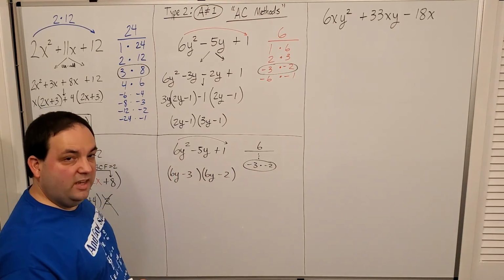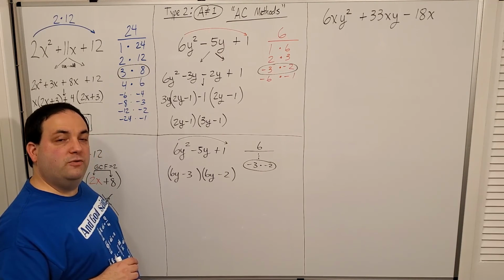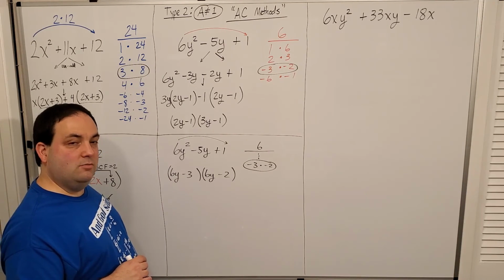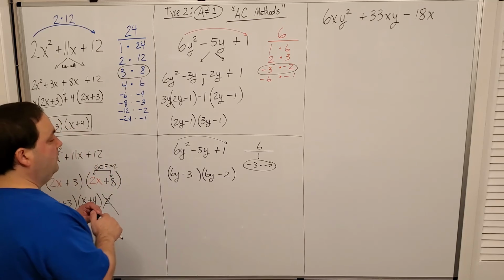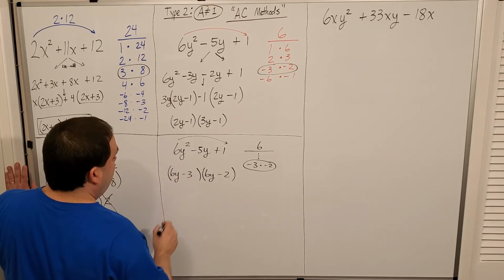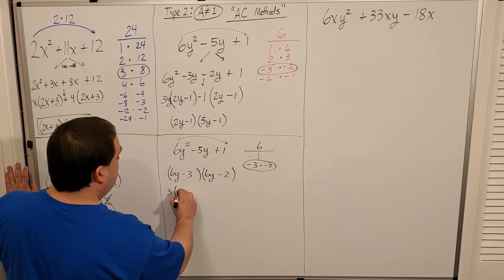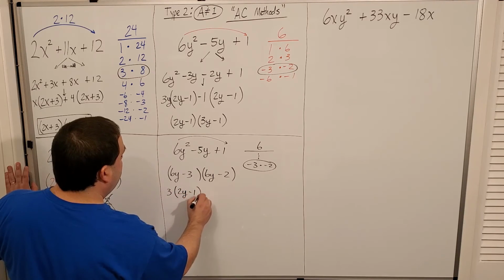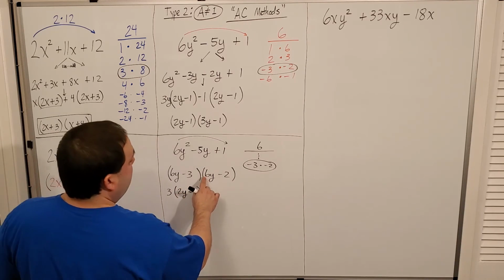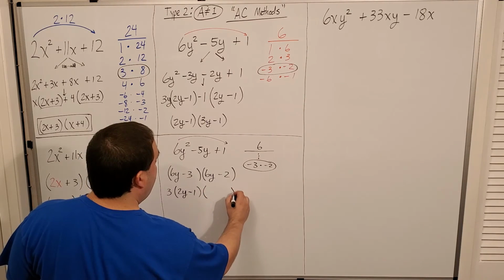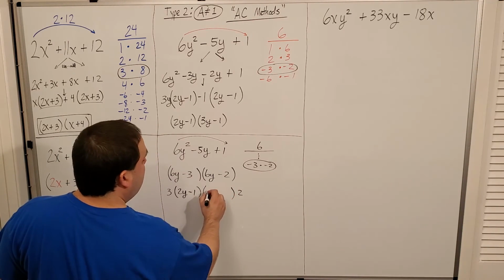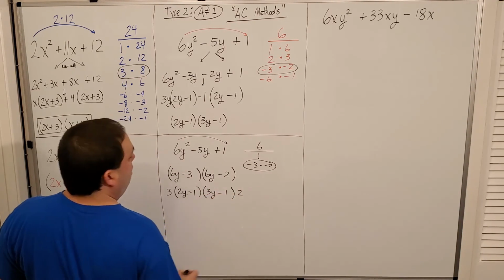And remember, this is incorrect, but I'm going to filter it using some GCFs. Okay? 6 and 3, they have a 3 in common, leaving me 2y minus 1. And 6 and 2, they have a 2 in common, leaving me 3y minus 1.